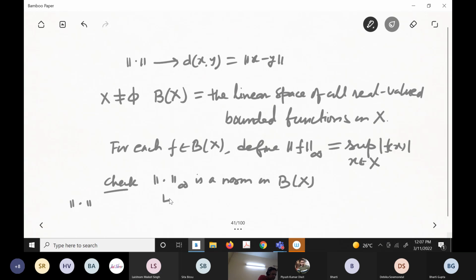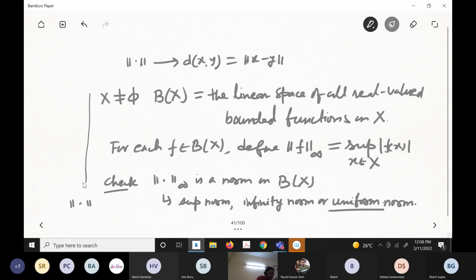And this norm has got different names. This is called the sup norm because of this notation, the infinity norm, or the uniform norm, because this gives you exactly the topology of uniform convergence. So this is very important in both analysis and functional analysis. This is a norm on B(X).